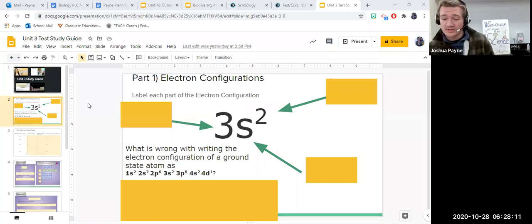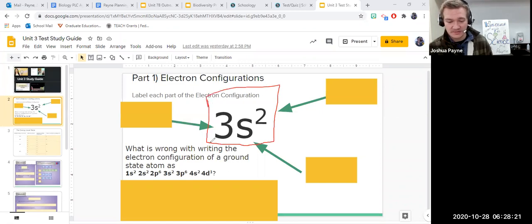So part one is just basic electron configurations. This right here, this what I took out, this is just a chunk, right? This is just one little piece of a total electron configuration. In fact, we can see it right here in the electron configuration. So I took this chunk out and I wanted you to label each of its parts. Well, this first number, of course, remember, this is our energy level.